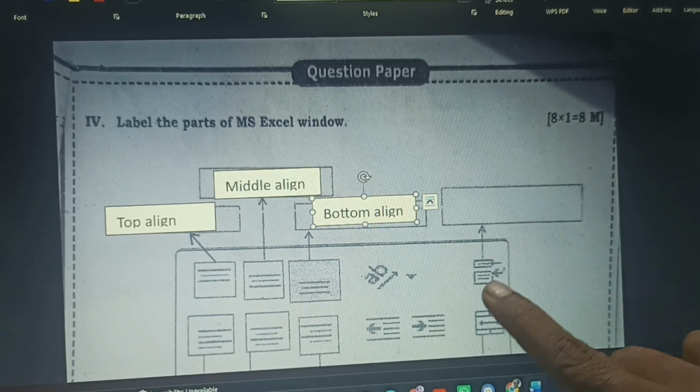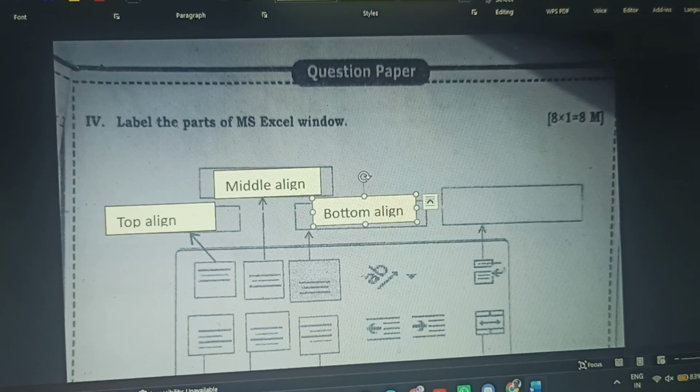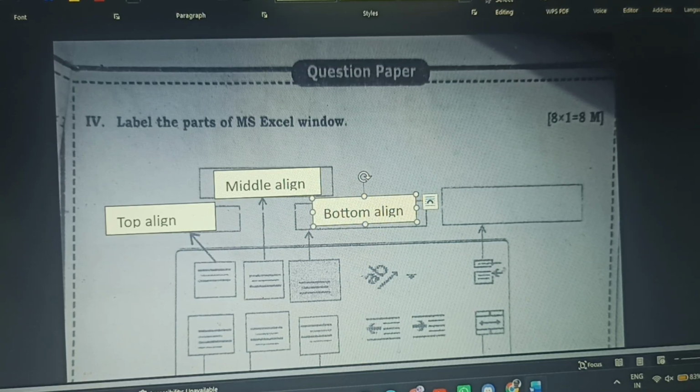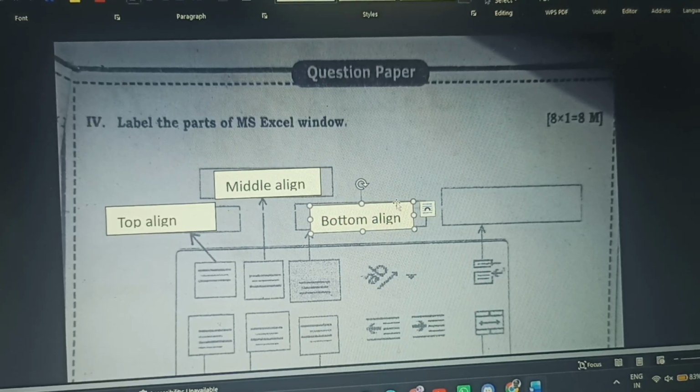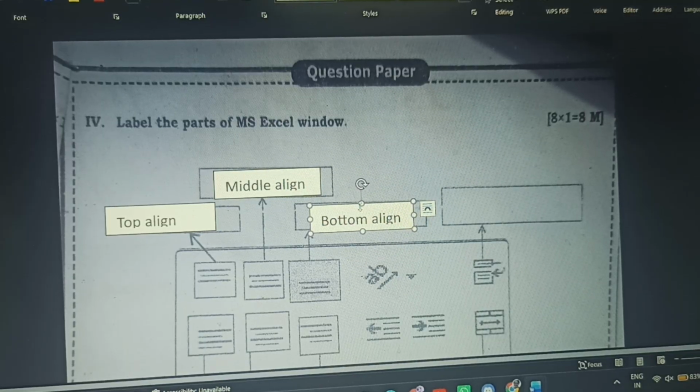Next, in this picture, you know everyone, what is that name? Wrap text. I already explained that topic, but again I will explain what wrap text is. It means expanding the words to fill the complete cell.